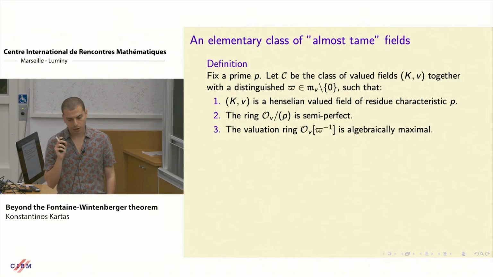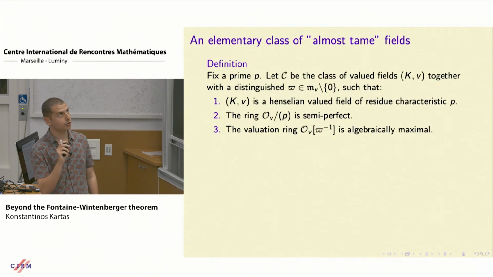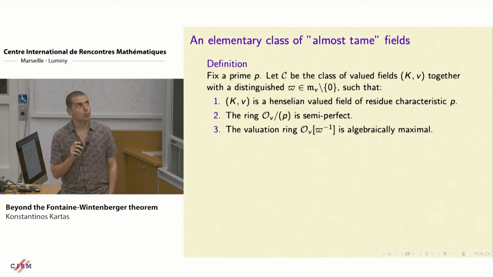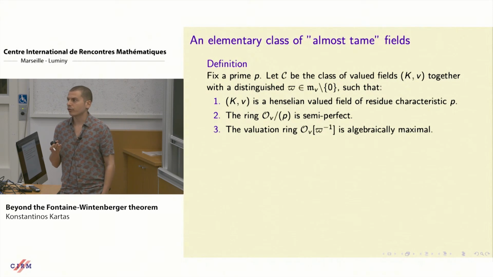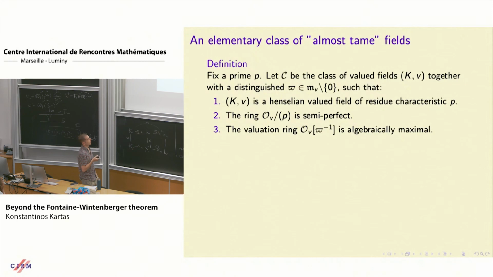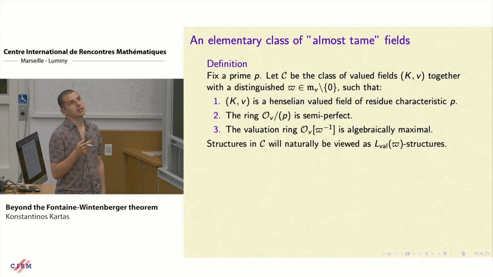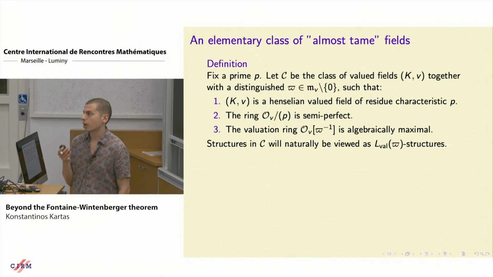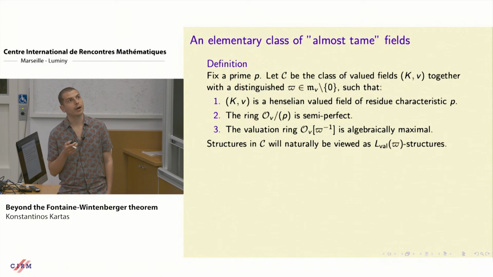This is really crucial, and I will get back to it in a few seconds. We also ask that the valuation ring, after inverting varpi, becomes algebraically maximal. I will view structures in this class as L-val-varpi structures, so structures in the language of valued fields with a constant for this element varpi.